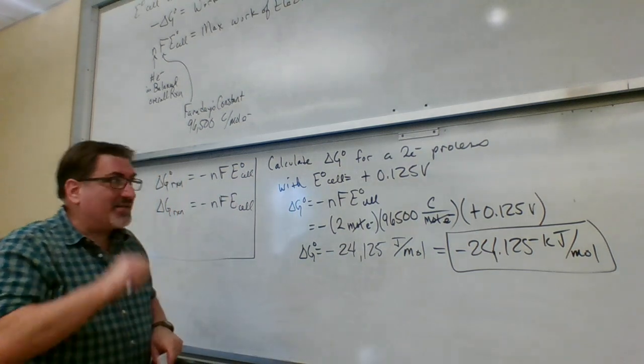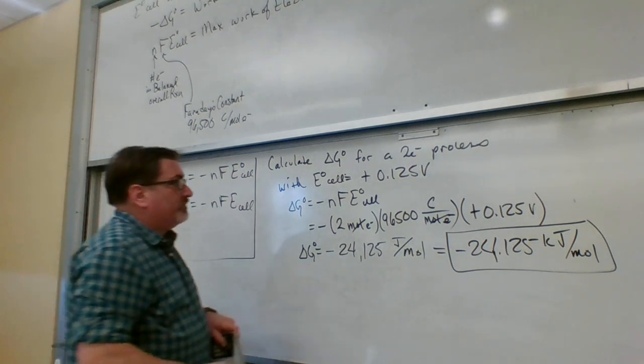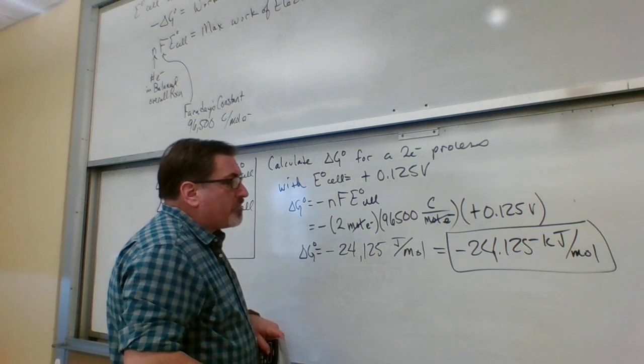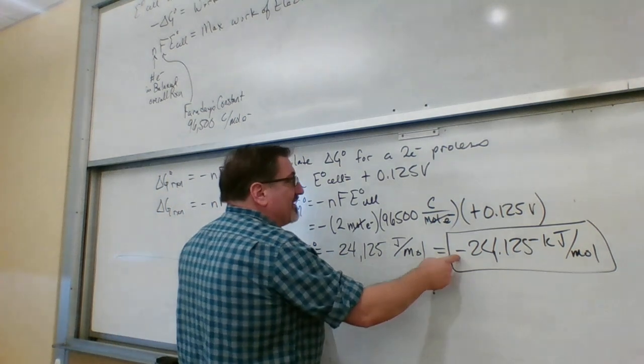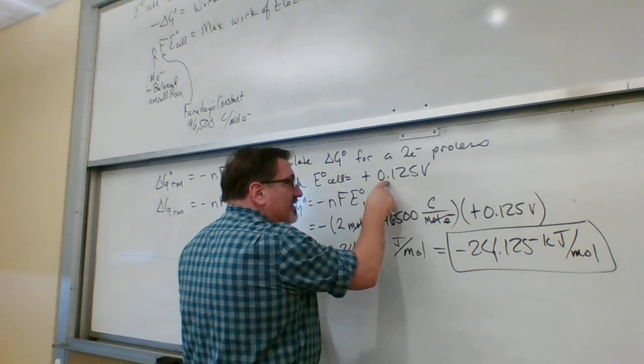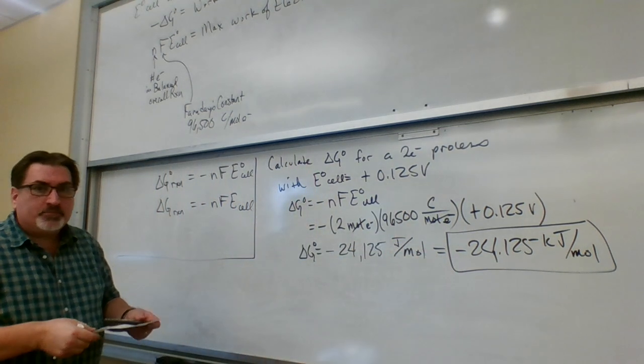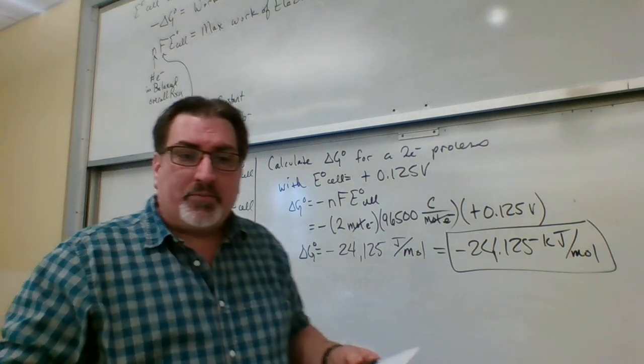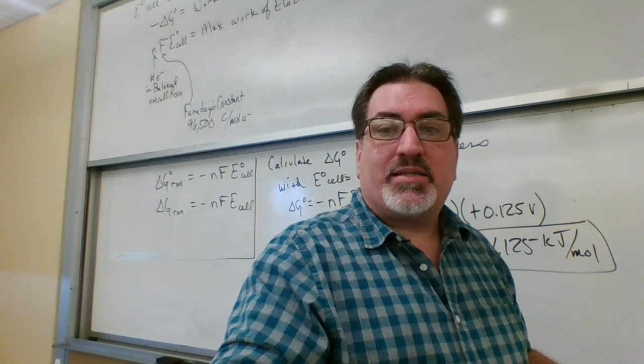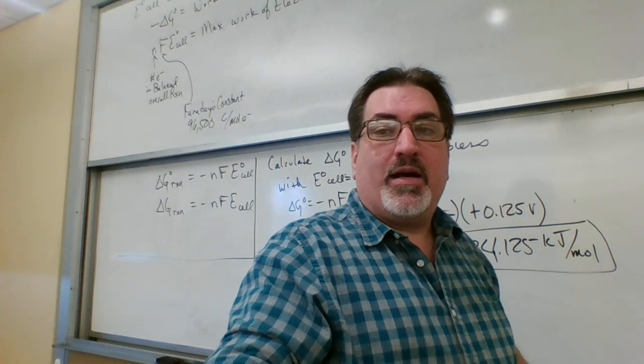When you cancel the electrons, that's the number that goes there for n. Always look at your answer, make sure it makes sense with your E0. Positive E0 means a negative delta G, because those both mean spontaneous. All right, we're going to work one more example, just like this, and see what happens when E0 is negative. All right, be right back.